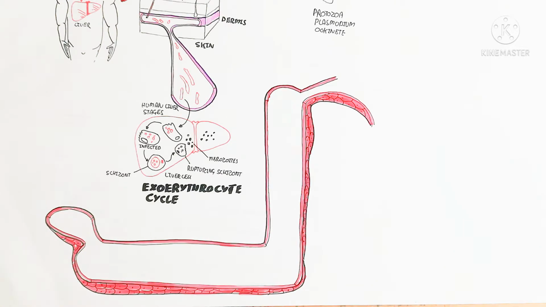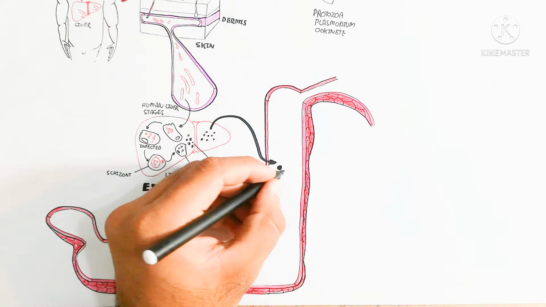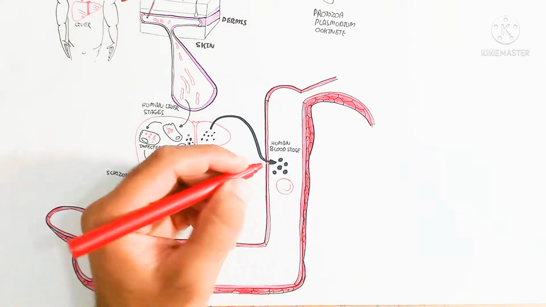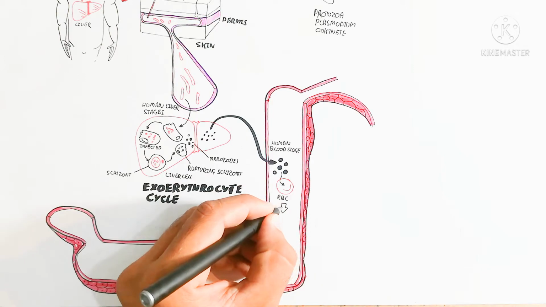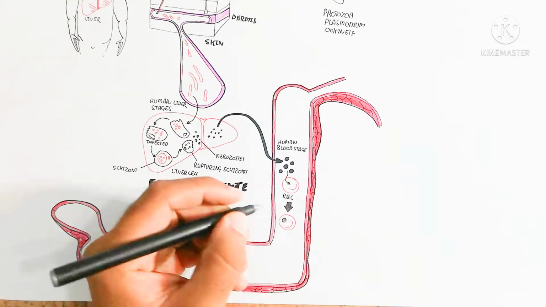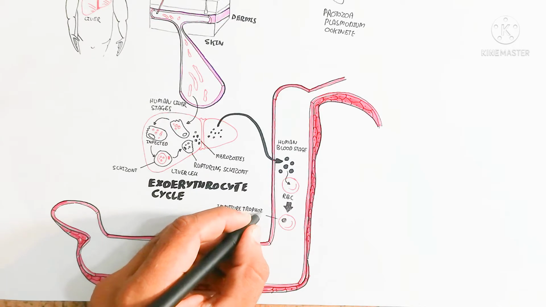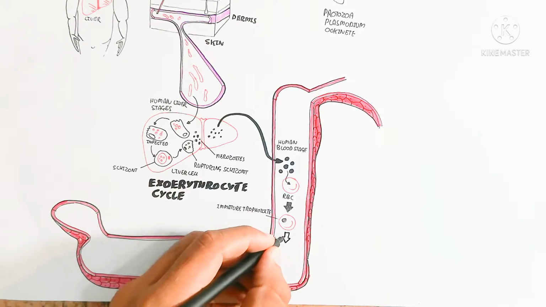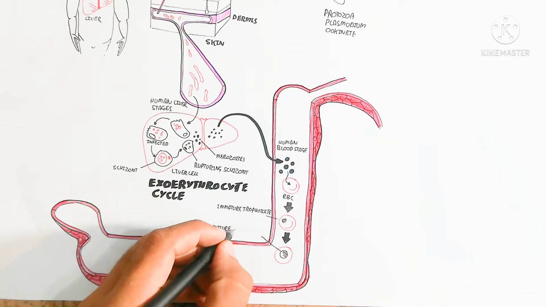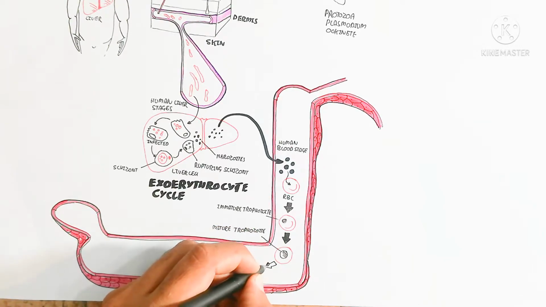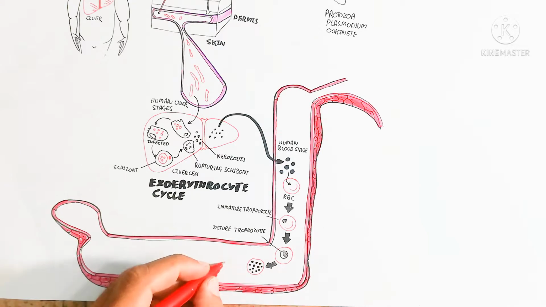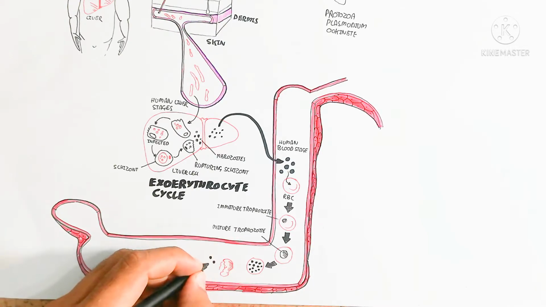In the human blood stage, the red blood cell is infected by the merozoites. The merozoite invaginates into the RBC, forming an immature trophozoite, which becomes a mature trophozoite. The mature trophozoite replicates and forms a schizont, and the ruptured schizont releases merozoites again. This cycle runs again and again.